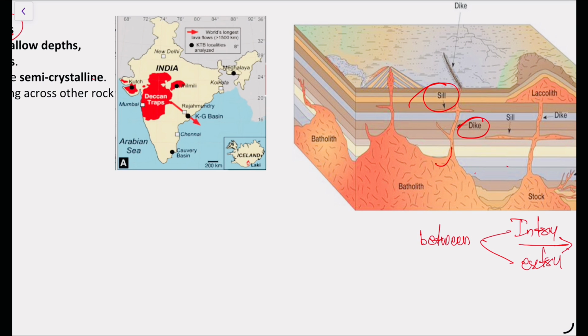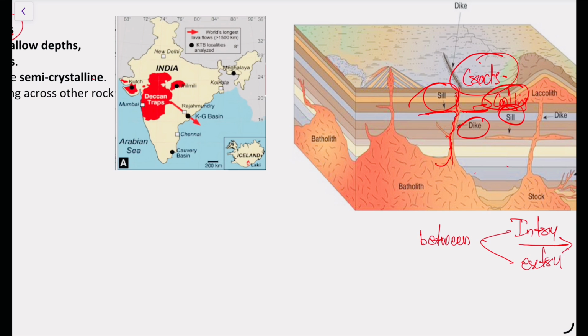The magma is trying to come out through various veins or through various cracks in the earth crust. While it is traveling towards the earth surface, if there are any horizontal cracks present in the earth crust itself, the magma will reach there and get cooled there itself, because of which we can get the sills.